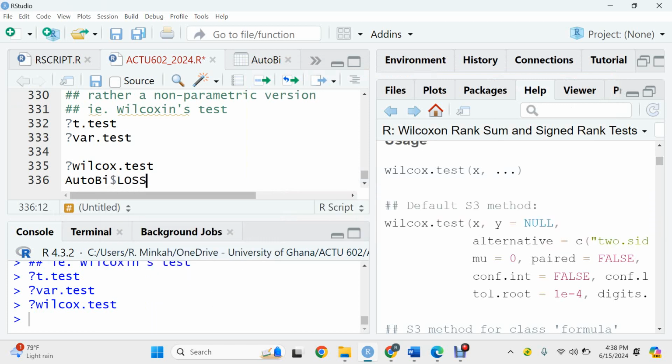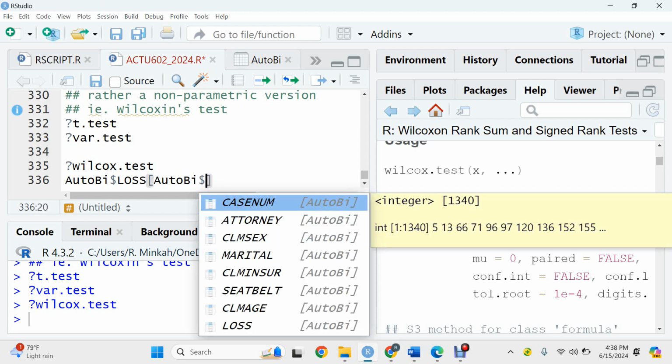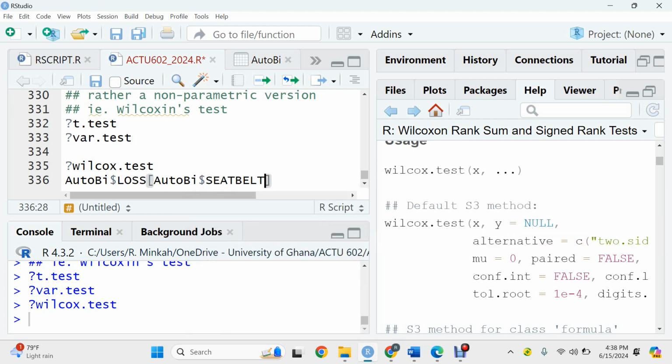Okay. So I need to select all the auto BIs with seat belt equal to 1, right? The seat belt, okay, equal to 1.